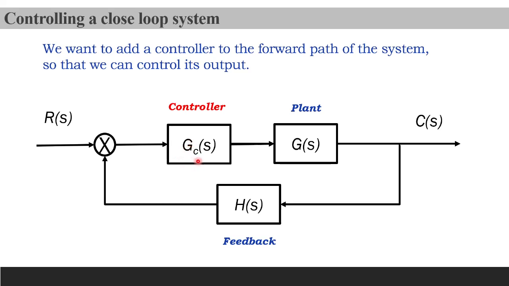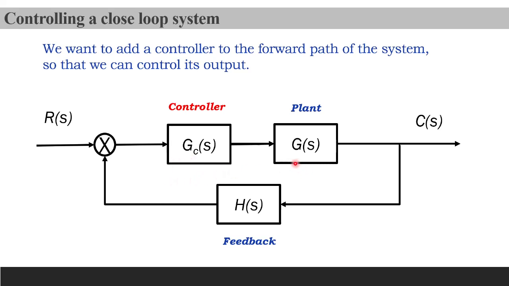This can be another transfer function like G(s), and this will help us control the characteristics of a plant in which we want to perform a particular operation. So we have to design a value of Gc. The parameters of Gc would be our design parameters, which would help us control the plant in an efficient way.